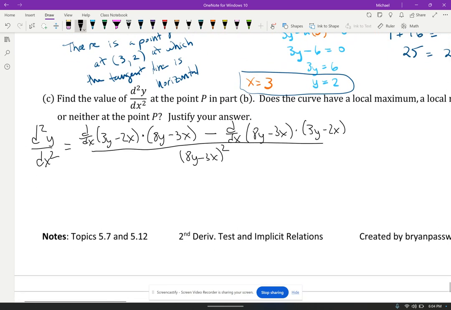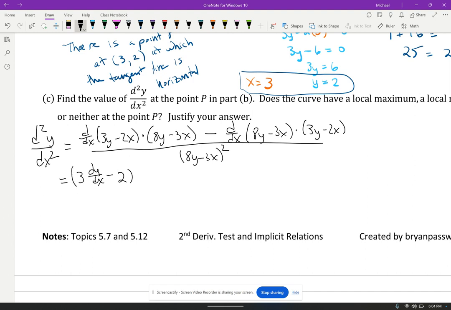So here's a good example of once I take the derivative, I really don't need to simplify. Since I have a point that I can check, I'm just going to plug it in and check. So let's start taking the derivative. The derivative of 3y would be 3 dy/dx minus the derivative of 2x would be 2.